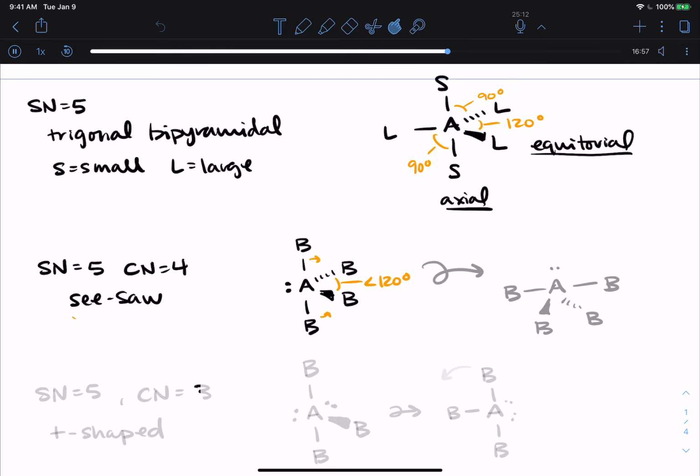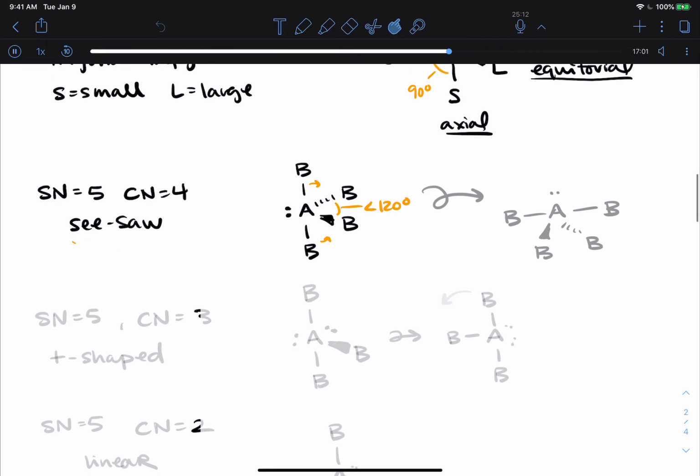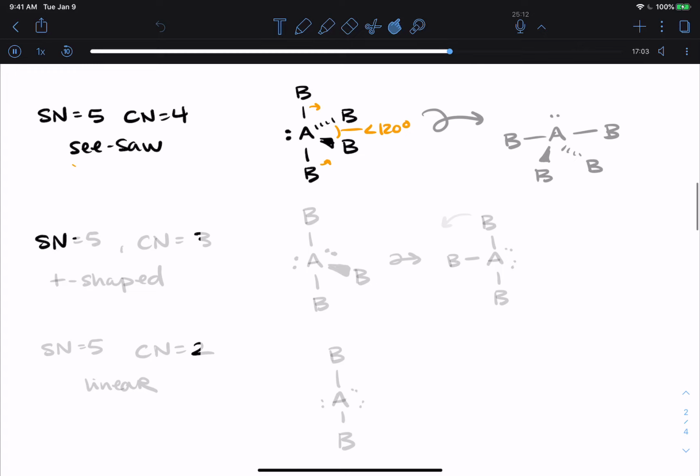I can still keep replacing some of these atoms with lone pairs. So steric number 5, coordination number 3, lone pairs are still going to go in those equatorial positions because they take up more space. So I've used up that spot, take up this equatorial position in the back.